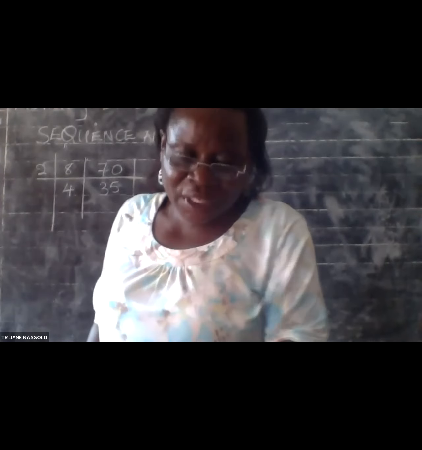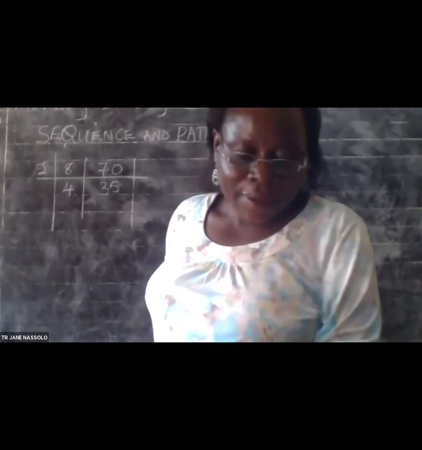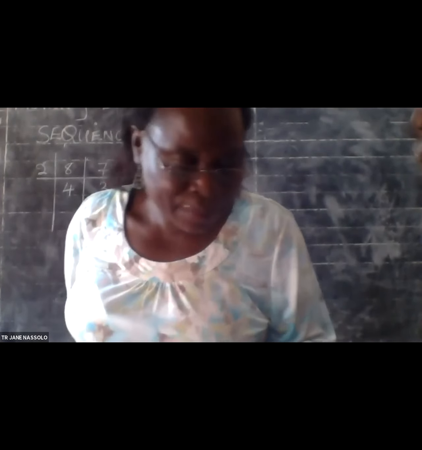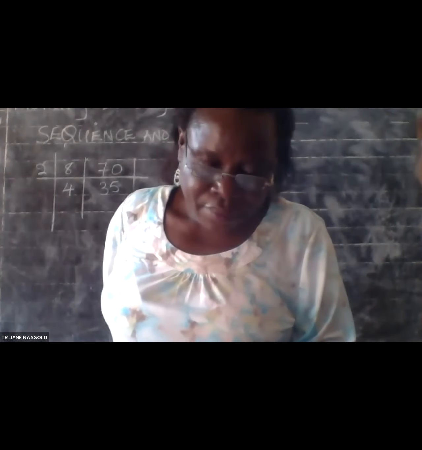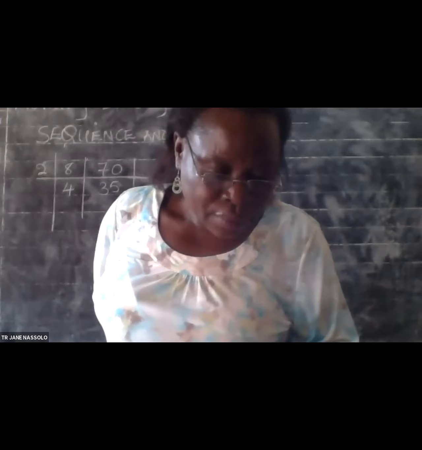Can we move to question number 9? Somebody to lead us. Two multiples of a number have been shaded on this number square. What is the number?